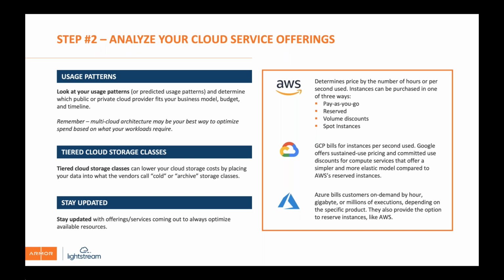Really start going into the second bullet, which is tiered storage, and really thinking about leveraging the right storage for the right workload. Block storage is very expensive inside of the cloud, and leveraging block storage for everything is a very costly activity.